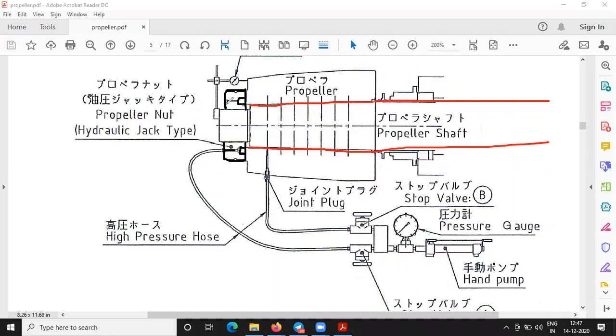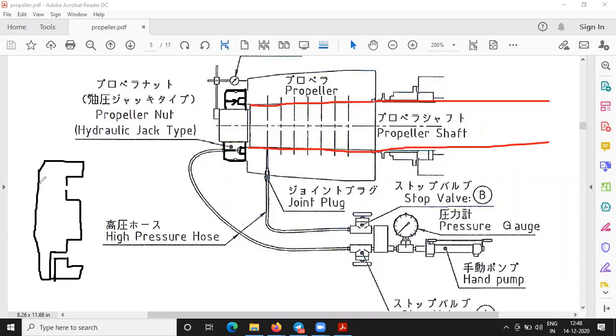As we apply the pressure behind, what happens? The rubber is pushed outward. So to draw the nut, same like the pilgrim nut.